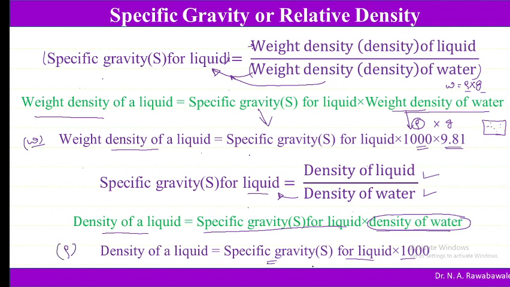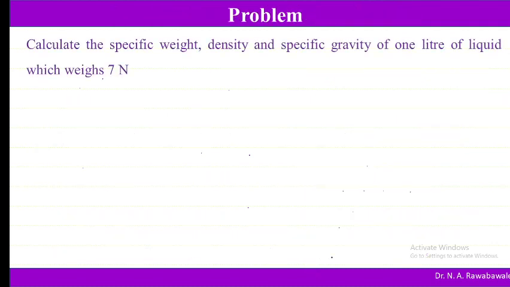Then we see one problem. In this problem we can see what is given. Given data: calculate specific weight, density and specific gravity of 1 liter of liquid which weighs 7 Newton. So volume is given as 1 liter and weight is given as 7 Newton.